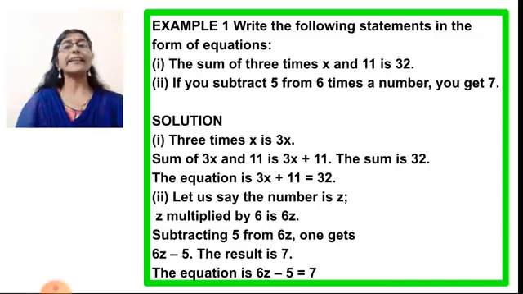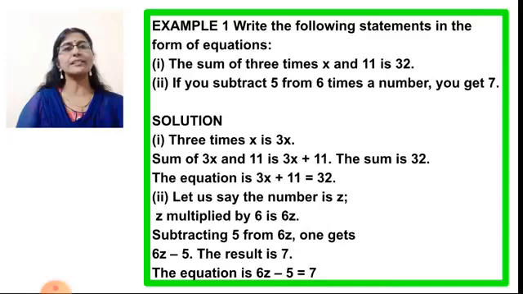First we will write 3 times x. So you have learned in 6th standard, times means you have to multiply. So 3 will be multiplied by x. 3 times x means 3 into x. And 3 multiplied by x is how much? 3x. And then the next part, sum of 3x and 11 will be 3x plus 11.